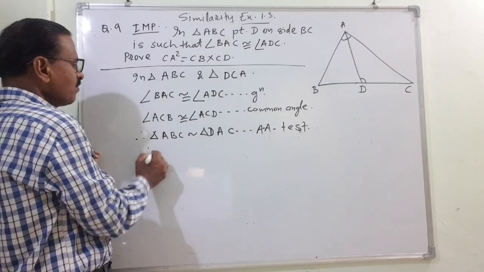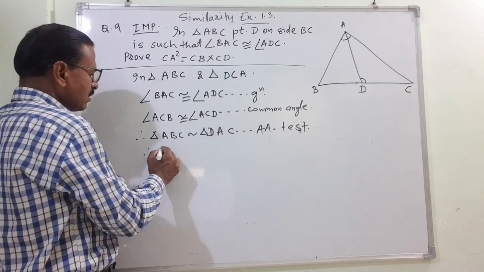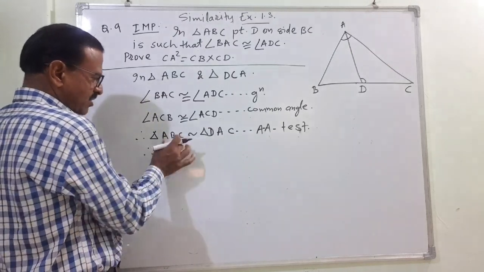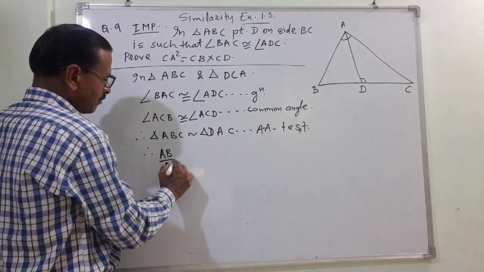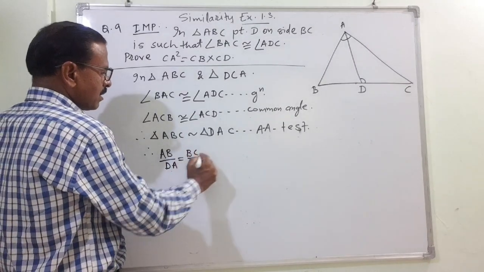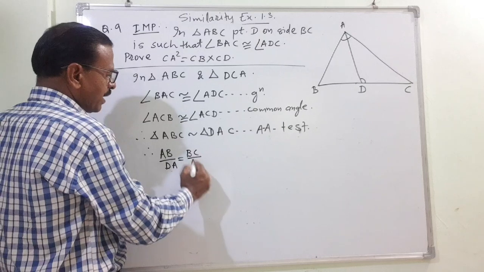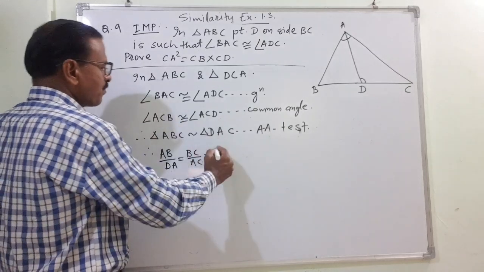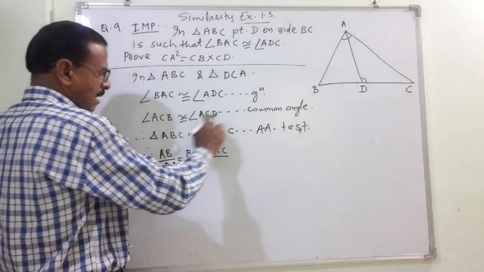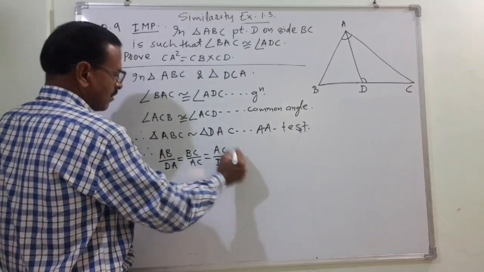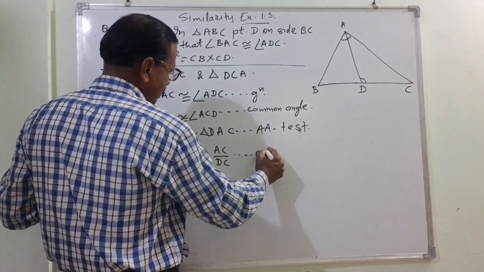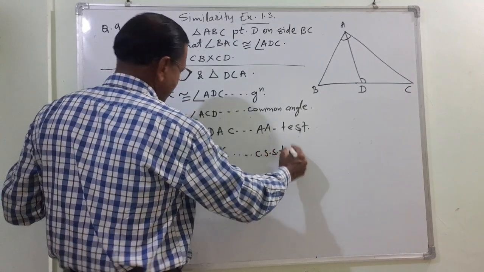Therefore, now from this, what I can write? AB upon AB, first two names. So BA is equal to BC, last two names. So AC is equal to, now jump, AC upon BC. Out of this, reason I will write immediately: corresponding sides of similar triangles.